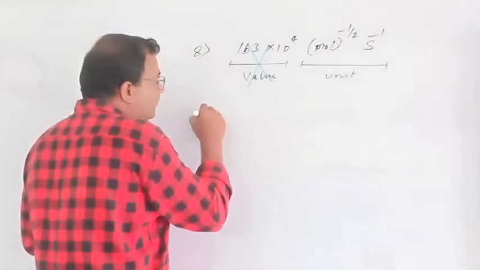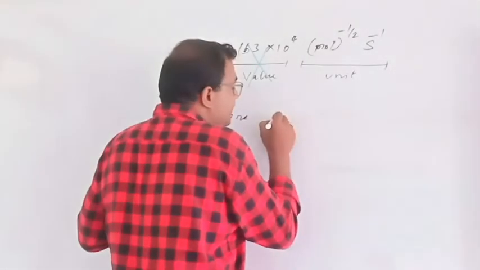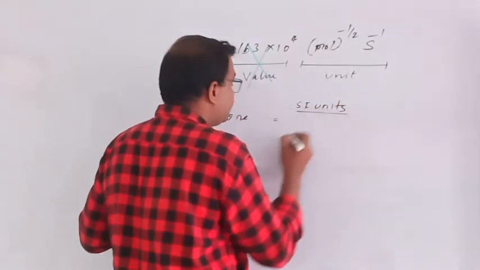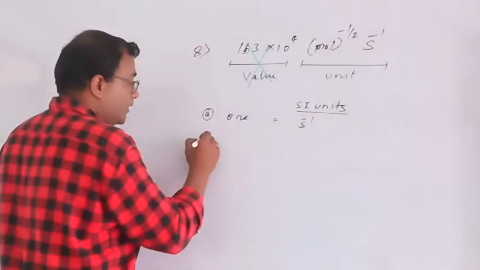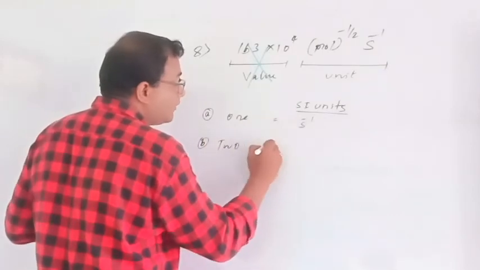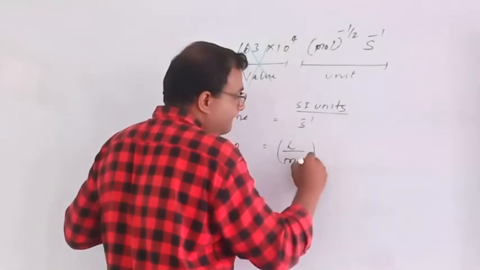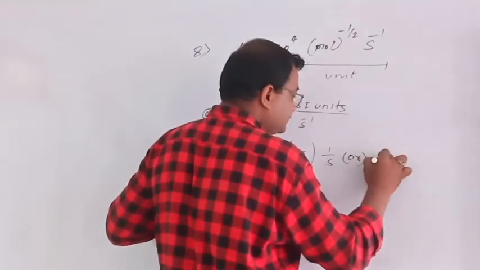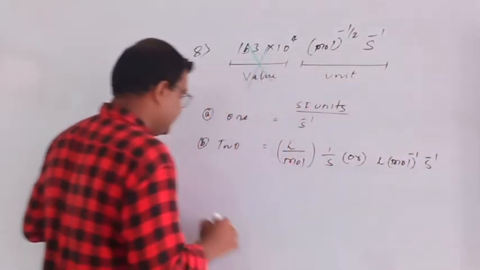So option A is first order. We know the SI unit for first order. Option B is given second order. For order 2 it is liters per mole per second, or simply liter mole inverse second inverse.